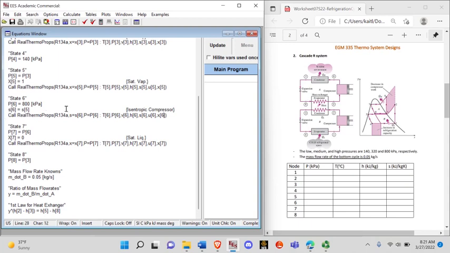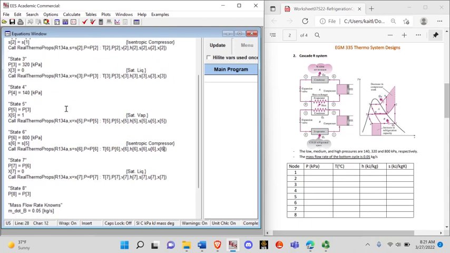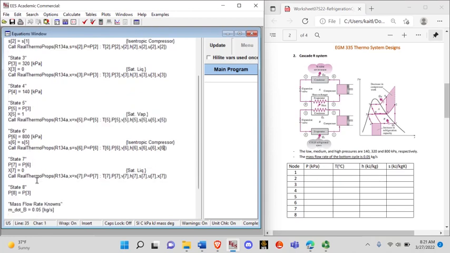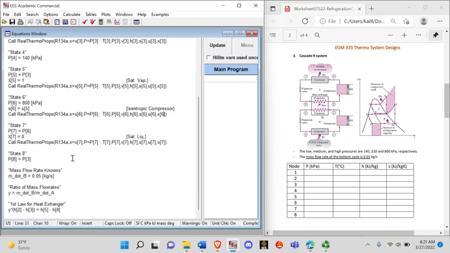Okay. Now we see we have thermophysical property values at every state except for state 4 and state 8. Those are not isentropic, and we had the constant pressure already, but we don't know the quality because it's a saturated liquid vapor mixture.